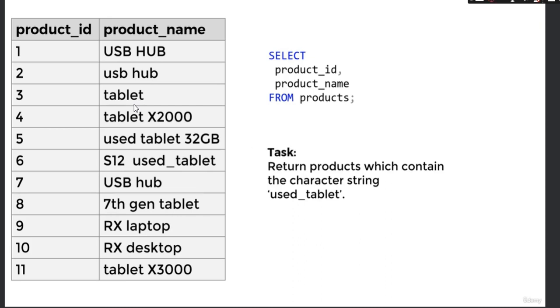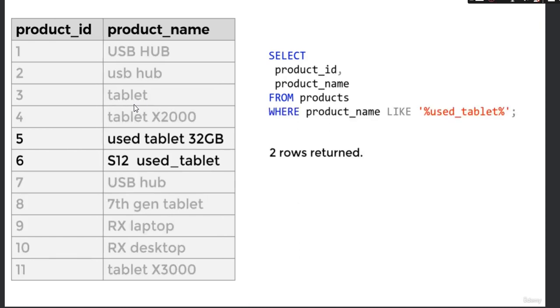If we try to put this in a wildcard search with percentage signs on either side, we are going to get a problem, because SQL is going to interpret the underscore in the string as a single character wildcard rather than an actual underscore. So with this query we get two rows returned.